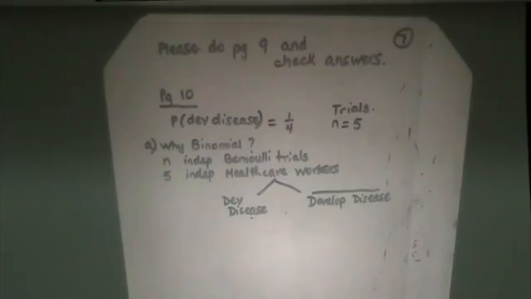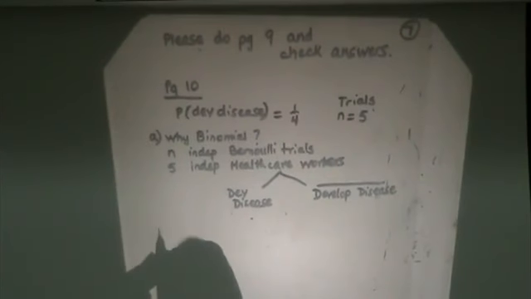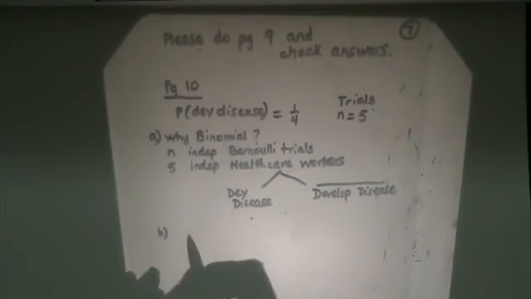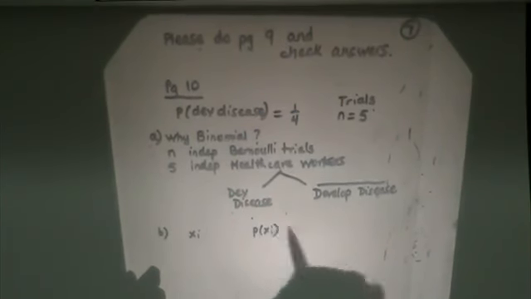Binomial is appropriate. Part B says, list all the possible values for x along with their probabilities. So this would be xi, p of xi. We'll do a few of them.